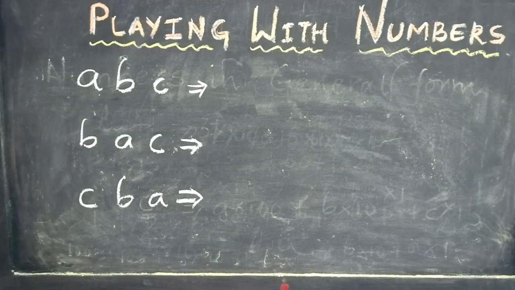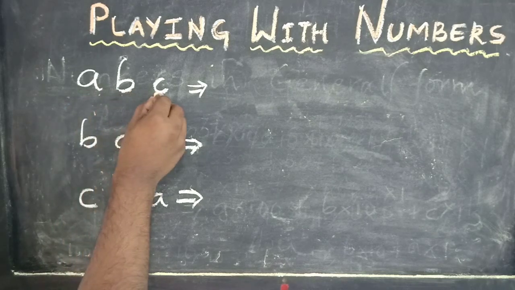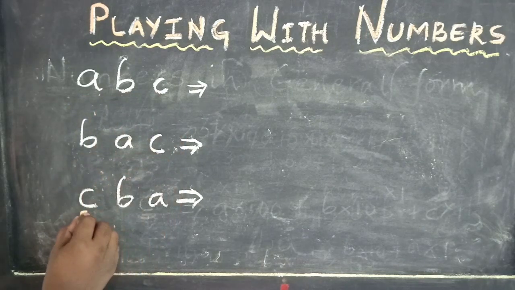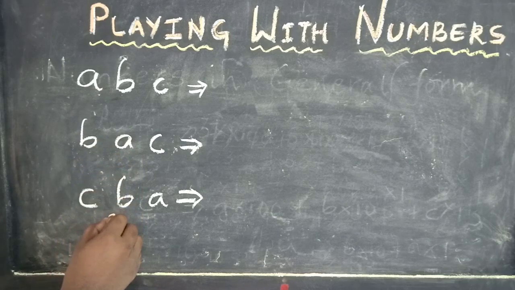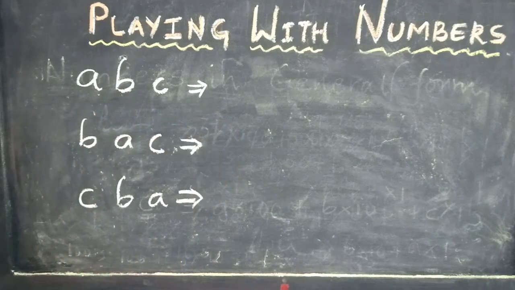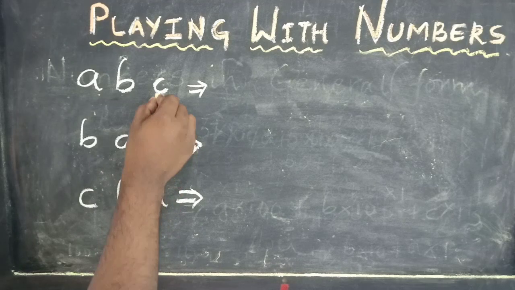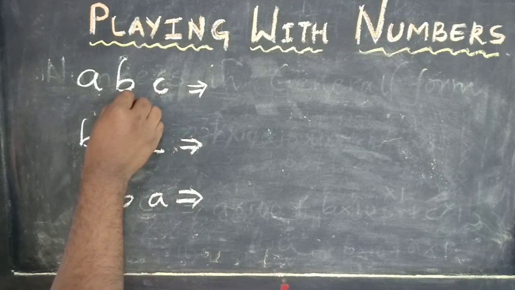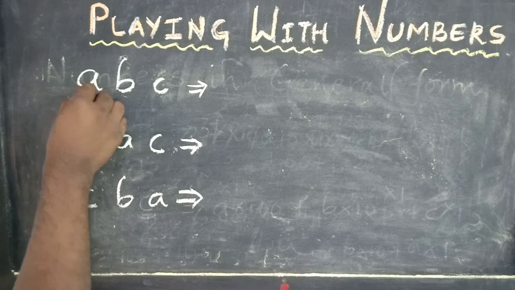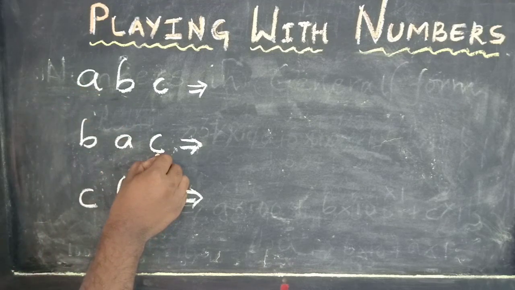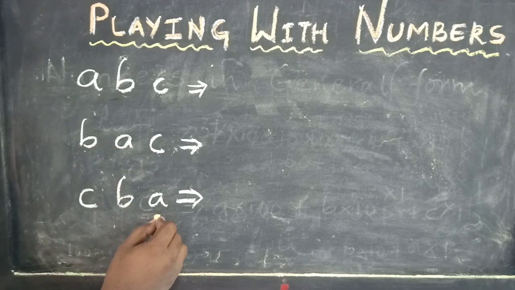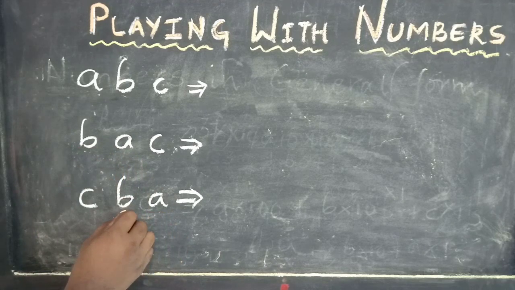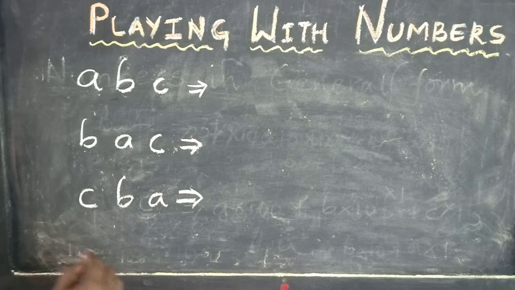Students, in the same way, ABC, BAC, CBA, consider these as 3-digit numbers. We have to express these numbers in the general form. That means for ABC: C times ones, B times tens, A times hundreds. In the second example, BAC: C times ones, A times tens, B times hundreds. Third example, CBA: A times ones, B times tens and C times hundreds.